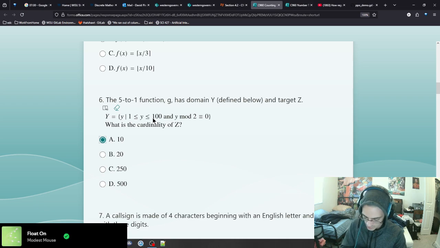Does that make sense? Because it's every odd number. No, I think it makes sense. Because you're taking out every other number in this set, which is half. So this is 50, right? And then z is going to be divided by 5. 50 divided by 5 is 10.